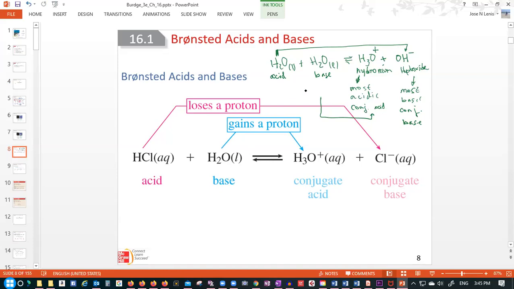Because here, this is a very weak acid, and this is a very weak base, forming a strong acid and a strong base, the most acidic and the most basic. They come from a very weak acid and very weak base. So this acid is stronger than this base, gives off that proton to water, forming the conjugate acid, which is the hydronium ion, and the conjugate base, which is the chloride ion.